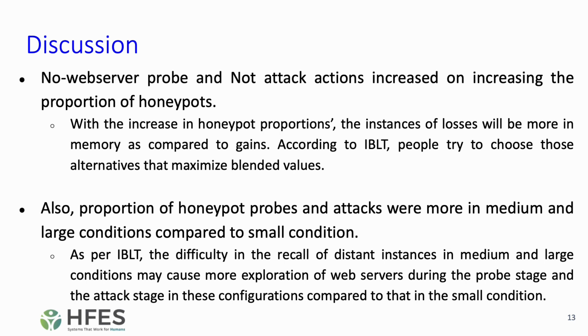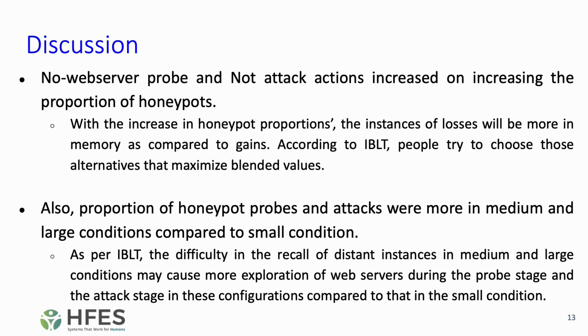Furthermore, we also found that the proportion of probes and attacks on honeypots was higher in the medium and the large conditions compared to the small condition. One possible reason is that in the medium and the large conditions, the adversary had to probe a number of times, which caused more exploration of the web servers.